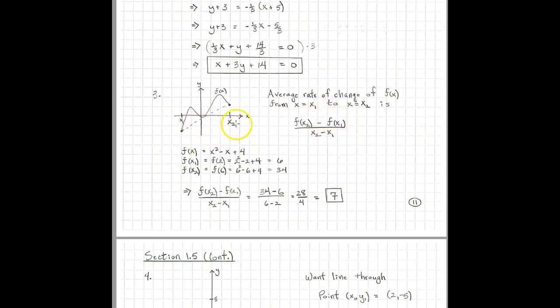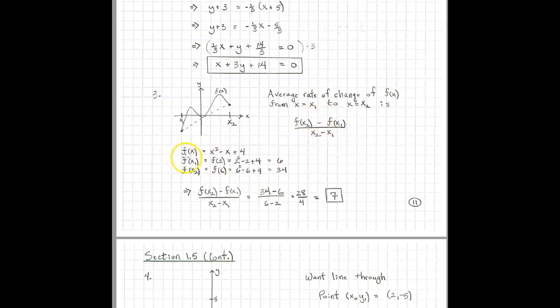From x1 to x2, the slope would be change in y over change in x. Change in y is the function at x2 minus the function at x1, divided by change in x, which is x2 minus x1. So the average rate of change of a function is the slope of the straight line connecting the two points on the function, from a starting x value to a finishing x value, or this formula here.